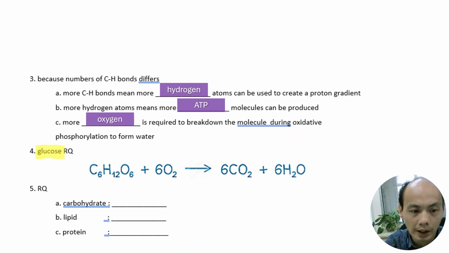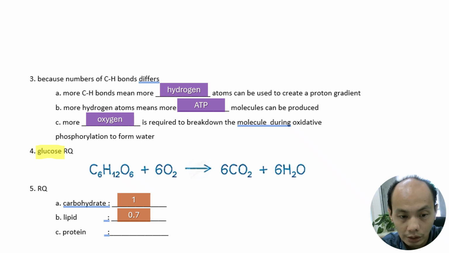So RQ for carbohydrate, lipid, and protein differ. If an organism is using carbohydrate as the source of energy, the carbon dioxide produced and the oxygen being used will be almost the same. So the RQ will be 1. Lipid will be 0.7. 0.7 means what?